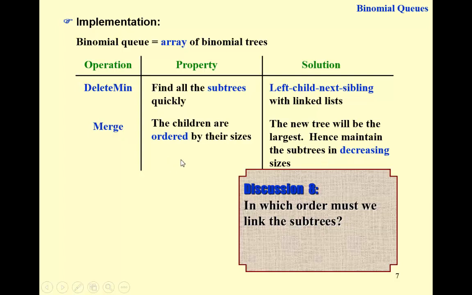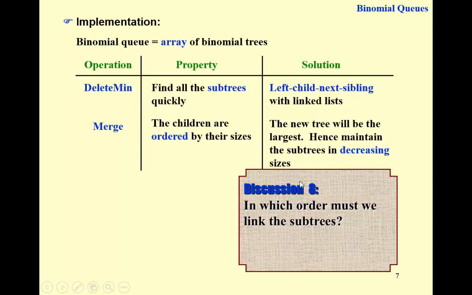Say, if we have one root plus several subtrees, and if the subtrees are linked in increasing order, what's going to happen? Increasing order means the first child will be the smallest tree, and the next one is larger. It gets larger and larger. That's in increasing order of their sizes. If they are linked in this way, and then when we're supposed to merge two trees of the same size, what must we do?